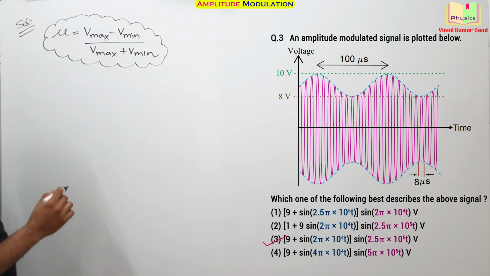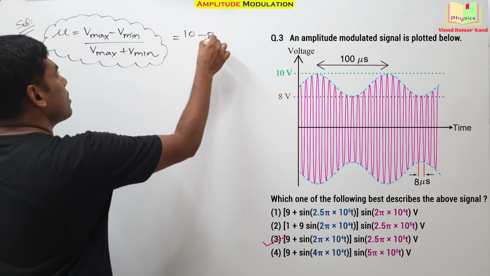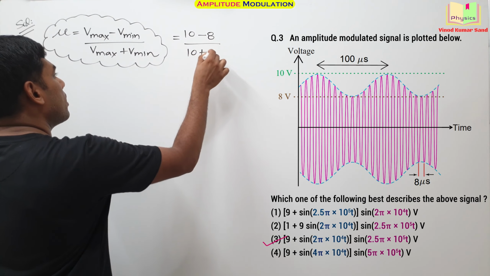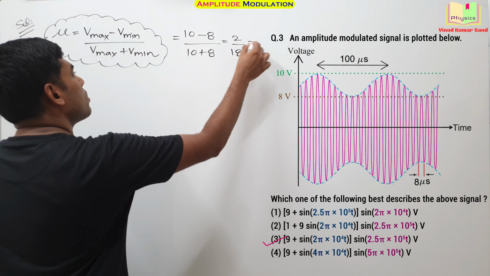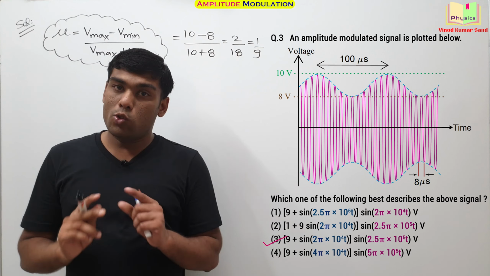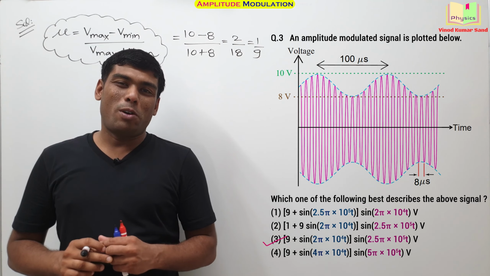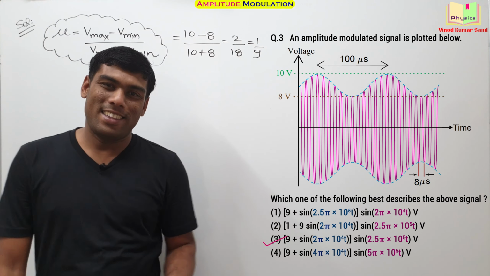I'll be computing the things here. Vmax is 10. Vmin is 8. And here 10 plus 8. So it comes out to be 2 by 18, which is 1 by 9. So the modulation index is 1 by 9. In which option can you find the modulation index as 1 by 9? Think about it.